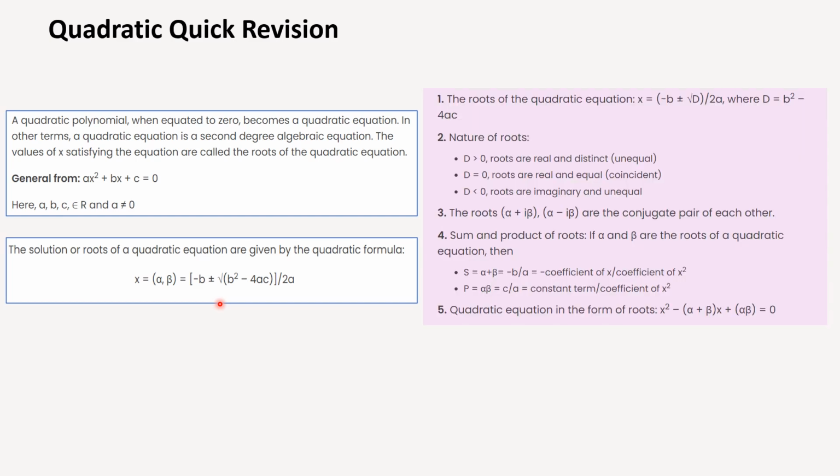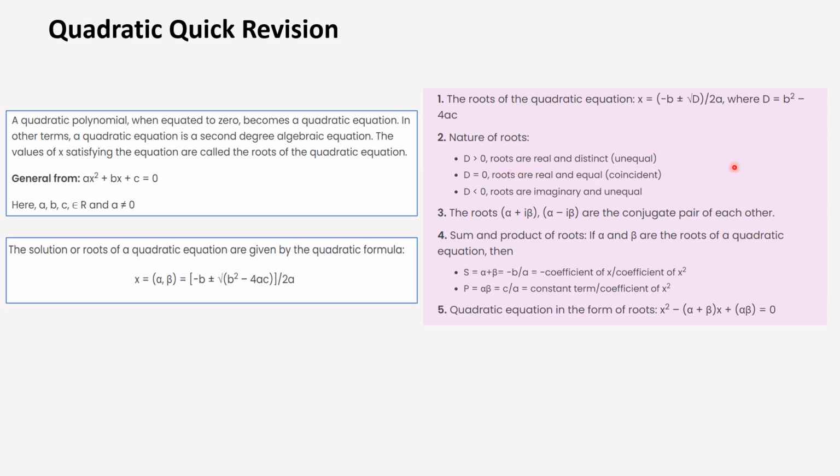And then to check the nature of roots, we use the discriminant, D equal to b square minus 4ac. We find the value of b square minus 4ac, and if it is positive, greater than 0, it means that roots are real and distinct.